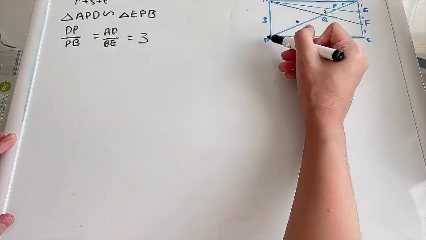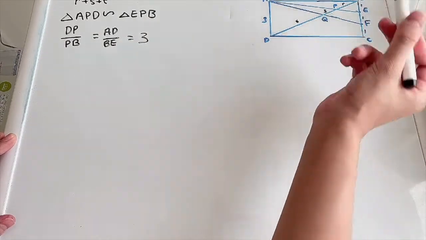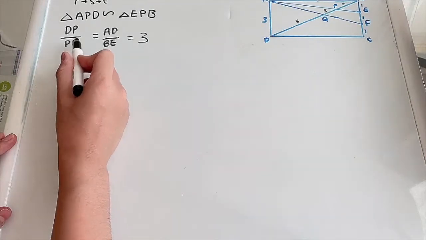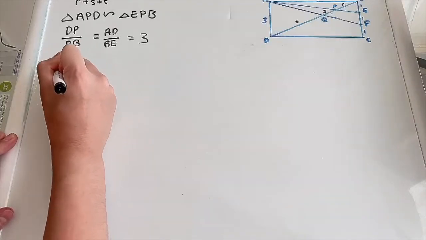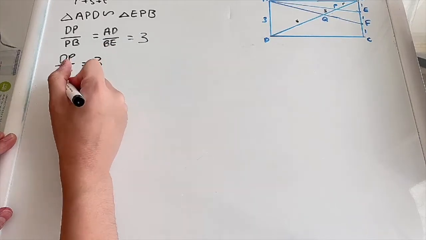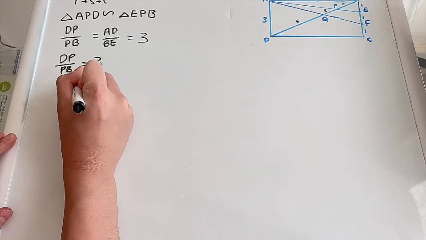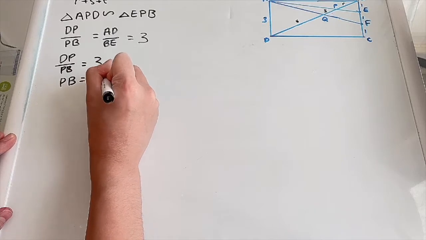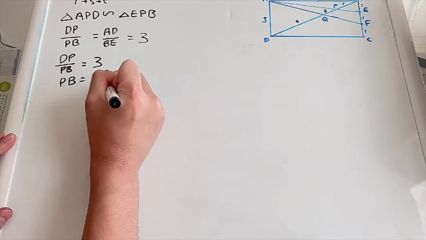That means DP to PB is also 3. We can use DP over PB equals 3, and we can get that PB is equal to BD divided by 4.